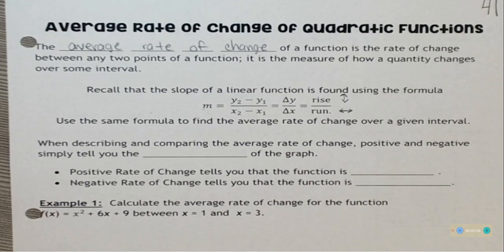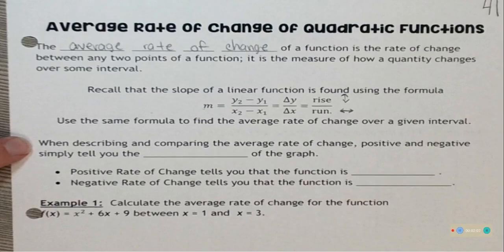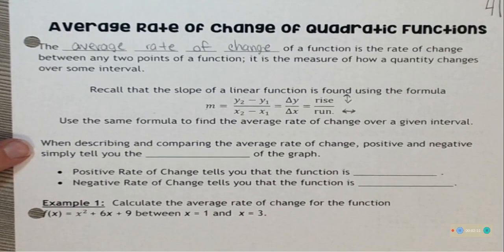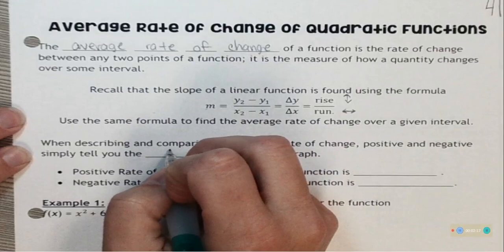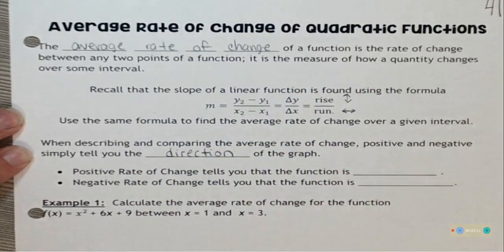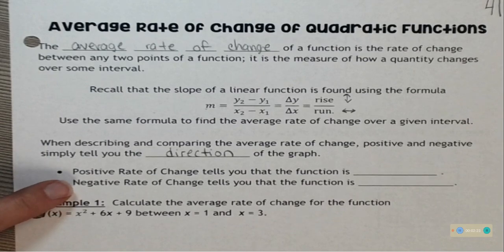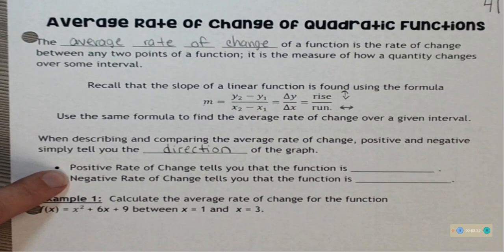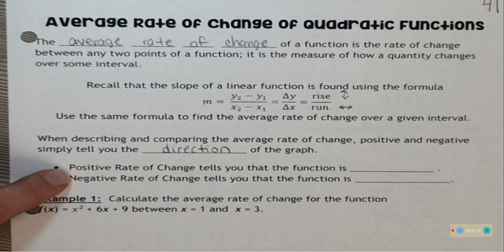Now, I need you to listen very carefully right here to what I'm about to tell you. When you are describing and comparing the average rate of change, the positive and negative simply tell you the direction of the graph. A positive rate of change does not guarantee that it's more or it's greater or it's better.